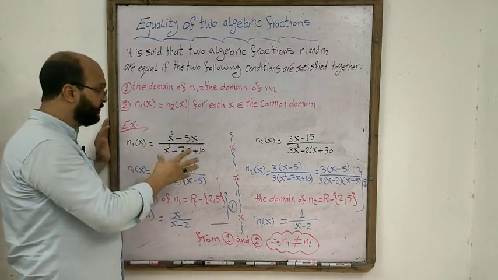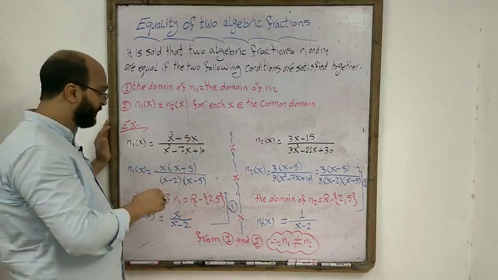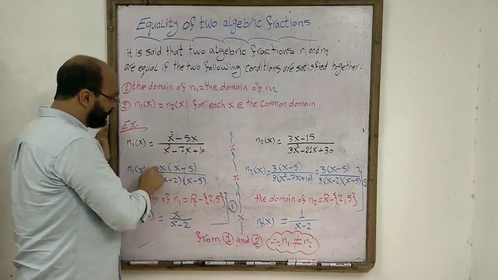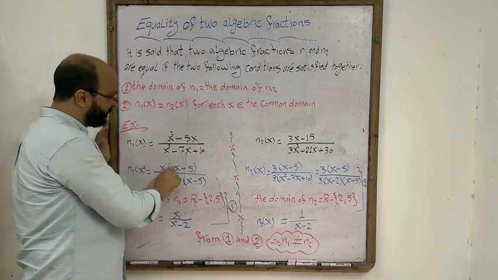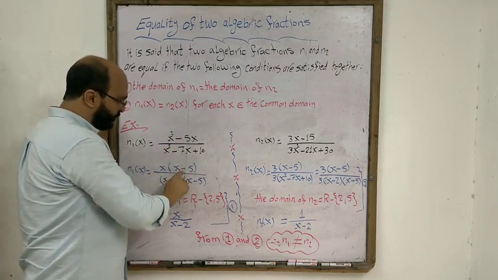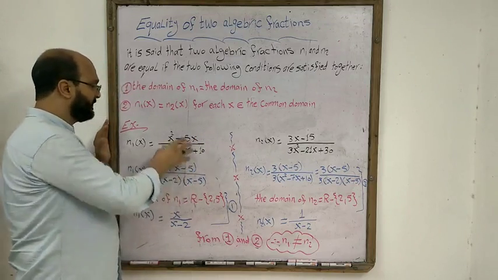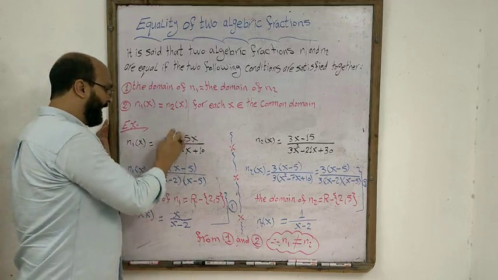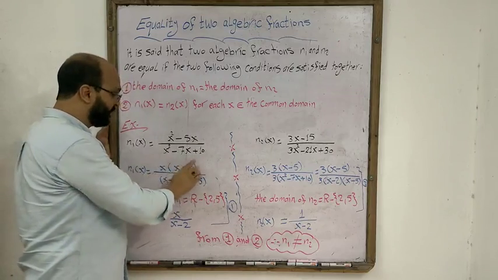Taking x outside: x squared divided by x equals x, and minus 5x divided by x equals 5. The numerator is factorized into x, open brackets, x minus 5.